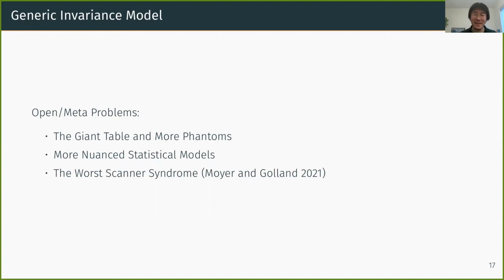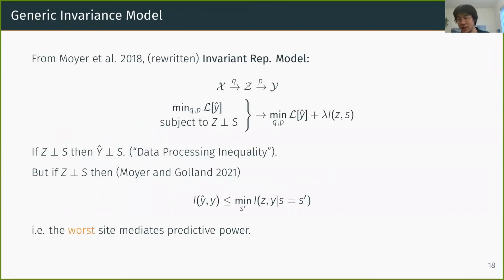And a third problem, mainly for deep networks, is the worst scanner syndrome, which is something that my postdoctoral advisor, Polina Golland, and I have been thinking about for a little bit. We put it out on arXiv this year. So what is it? The worst scanner syndrome is essentially this fact about invariant representation models. They're the easiest to implement, and they're very straightforward in their intuition.